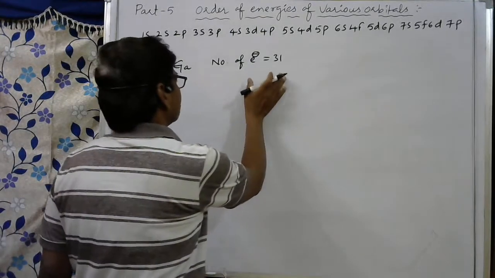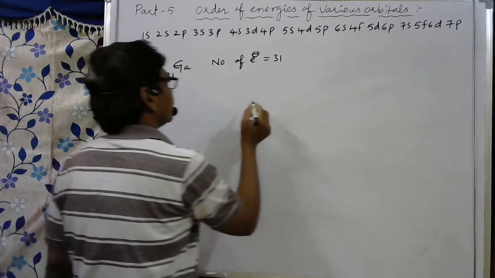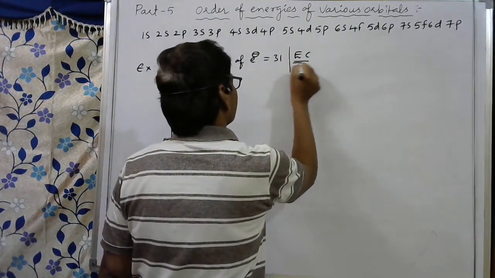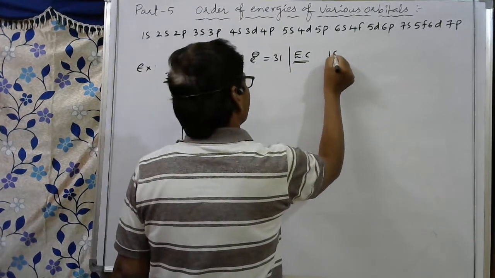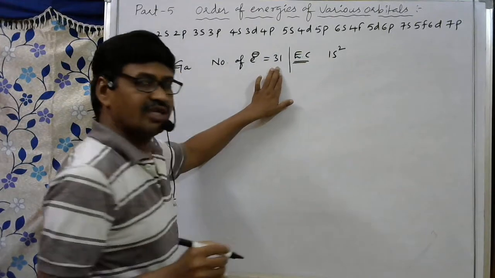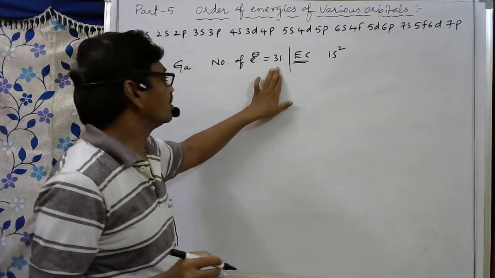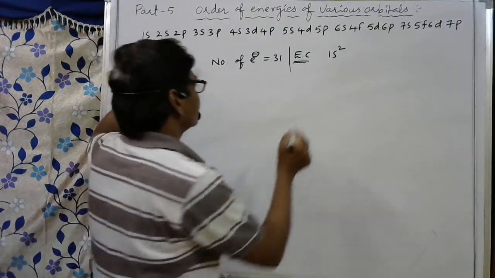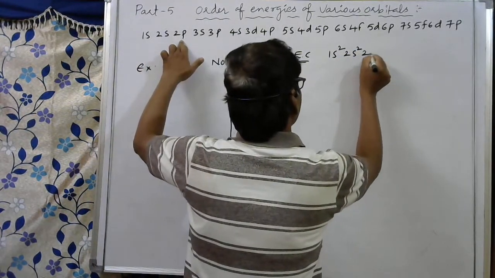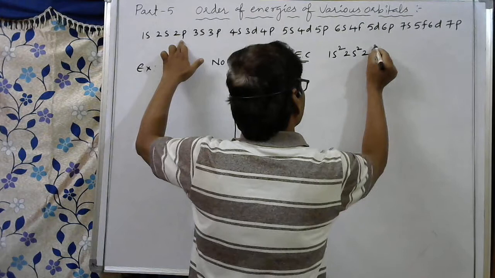For 31 electrons, the first 2 electrons enter into 1s. Here I am writing the electron configuration, EC. EC means electron configuration: 1s2. Then the number of electrons remaining is 29. The next 2 electrons enter into 2s: 2s2. Then 2p, which can accommodate a maximum of 6 electrons.